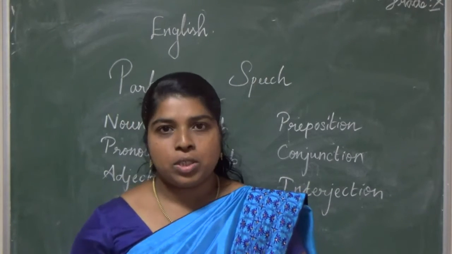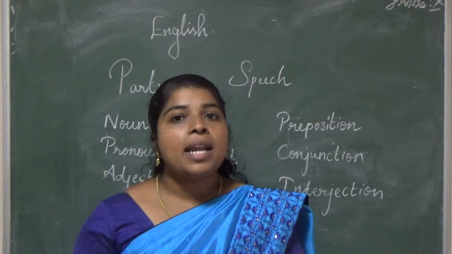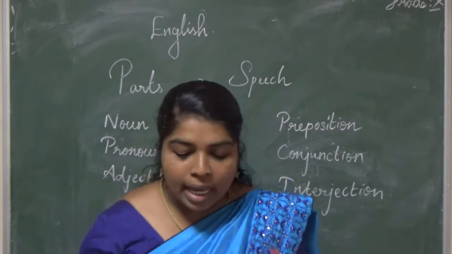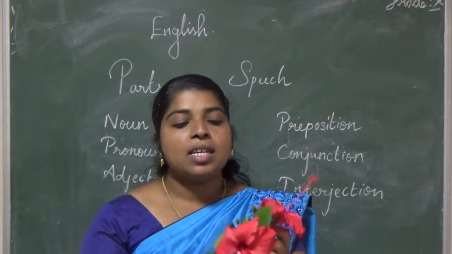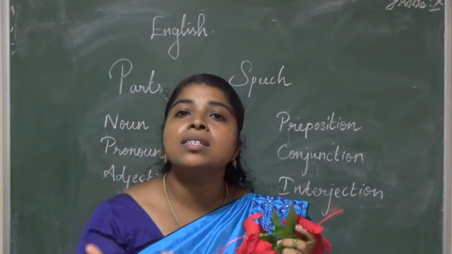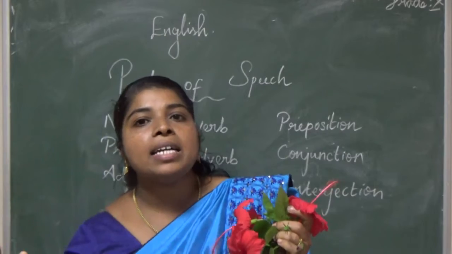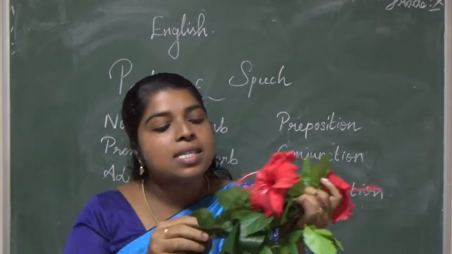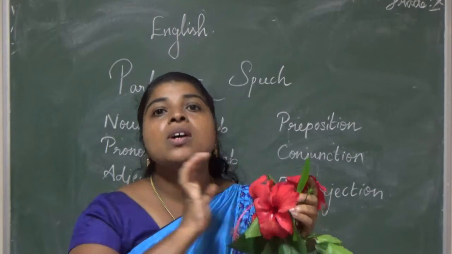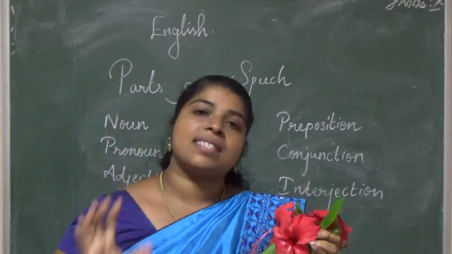On is a preposition. Now we are moving to the conjunction. I am going to make a bouquet with these flowers and leaves. Flowers is one noun and leaves is another word. And is the conjunction.